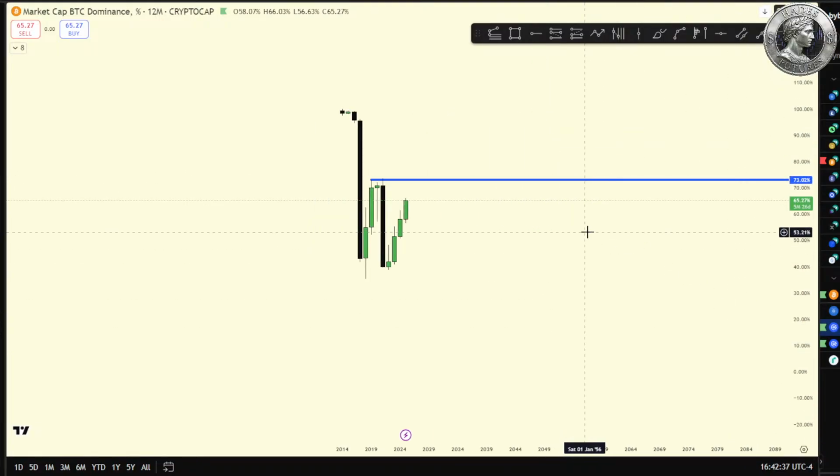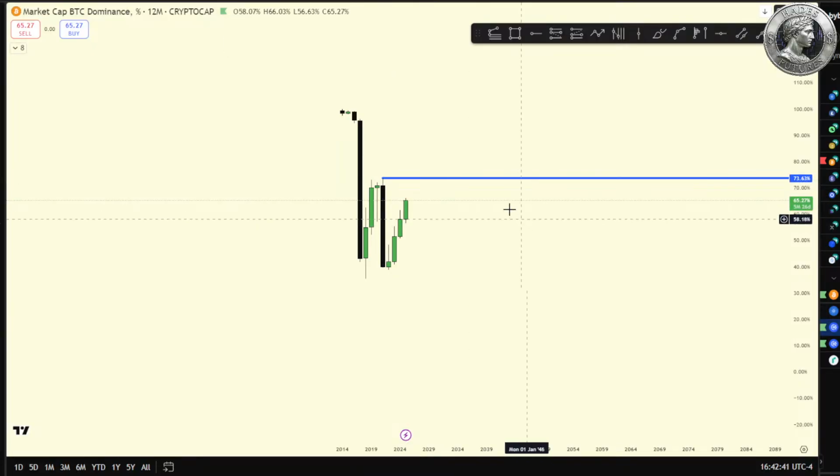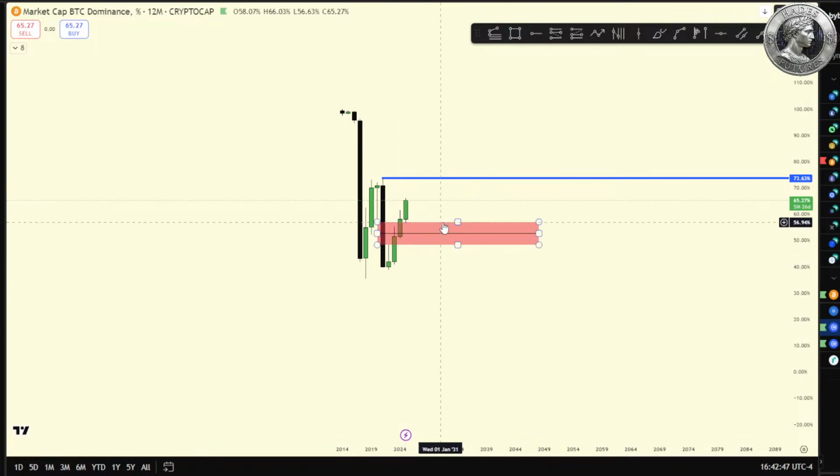If this drops to 50%, it's a profit gap there. It's basically 50%. Next year, but it's gonna drop. Even if we dump 10% till 55, alts will also go nuclear.